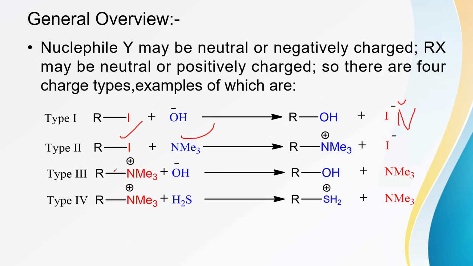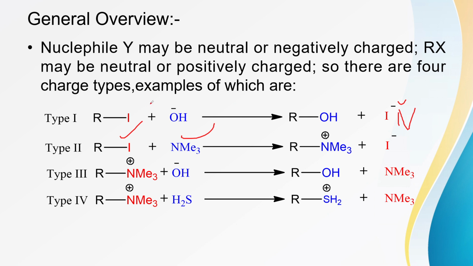In the third type, our substrate is positively charged, the nucleophile is negatively charged, and we get a neutral product and a neutral leaving group. In the fourth type, our substrate is positively charged while our nucleophile is neutral. So in all examples, you can see that here the nucleophile is negatively charged, here neutral, here negatively charged, here neutral.